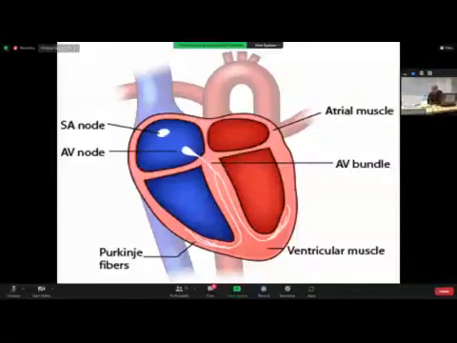However, the AV node has all characteristics which are opposite to the SA node. The AV node has the minimum number of gap junctions, and its excitatory or discharge rate is much lesser than the SA node.